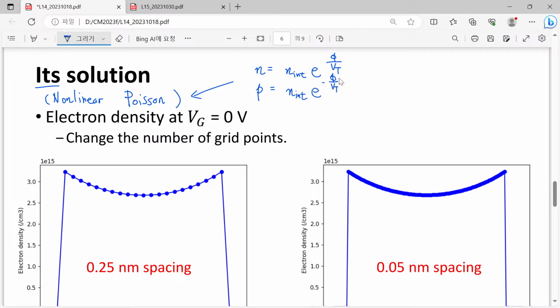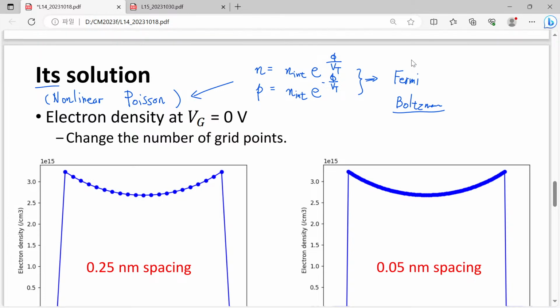and this is the form we have adopted. Of course, please note that these kinds of expressions are not perfectly well matched with our Fermi statistics. So instead it is based on Boltzmann statistics, but it is still okay in the approximate sense. So we will use this kind of thing.